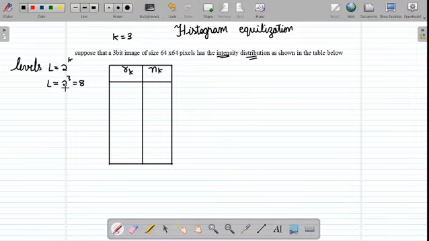So the 8 levels of intensities are 0, 1, 2, 3, 4, 5, 6 and 7. So you are having 8 levels since it's a 3-bit image.